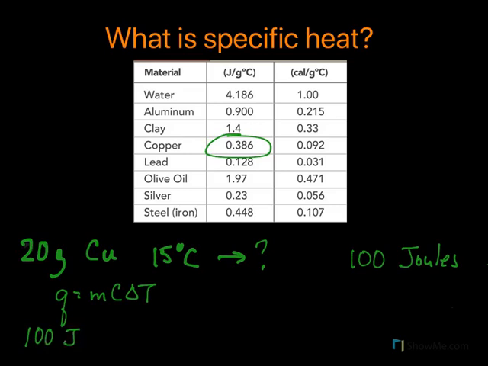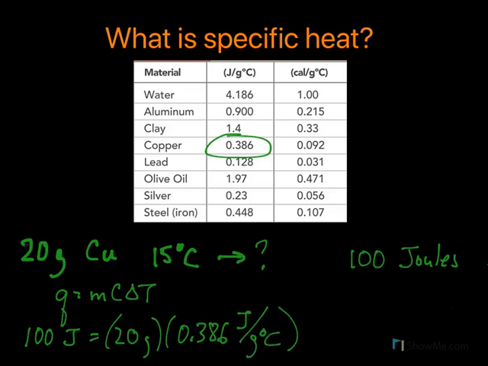That is our Q. Q is equal to the mass times the specific heat of copper, times the temperature change, which we don't know, so that will be our X. Solving for X is equal to 12.9 degrees. That is a temperature change.